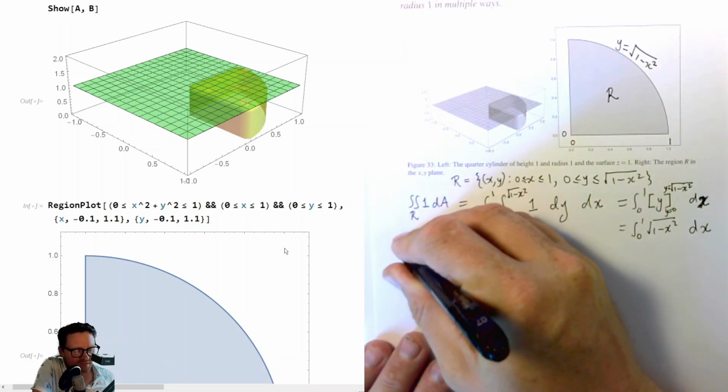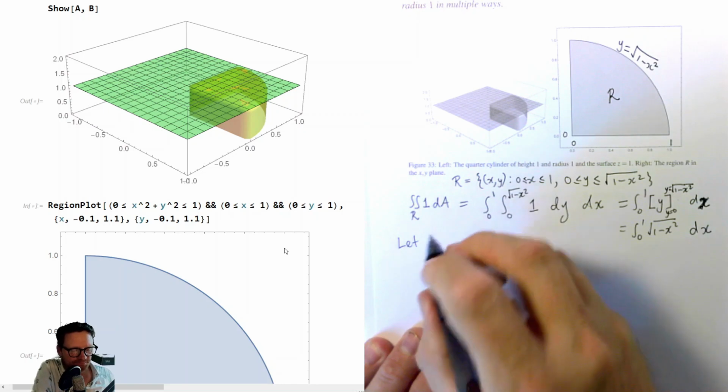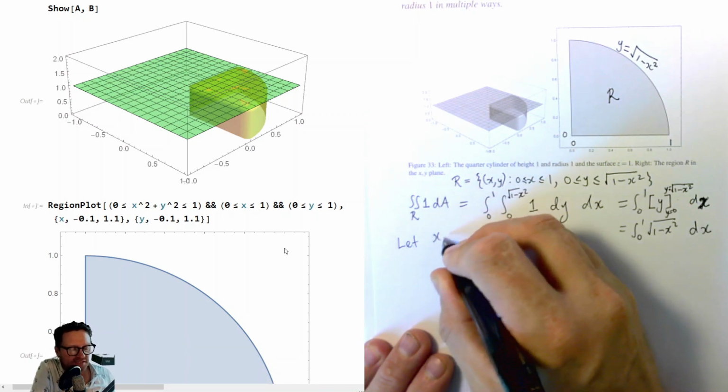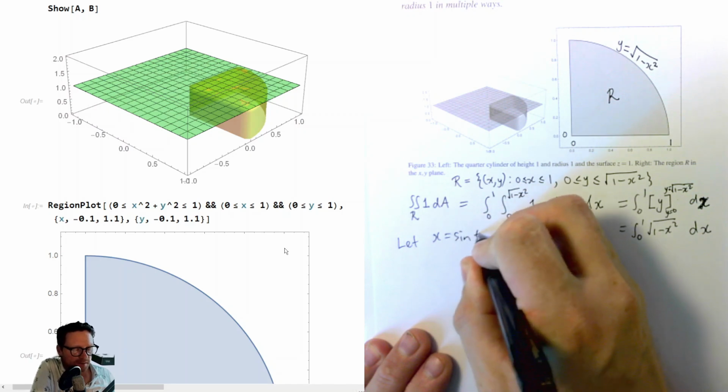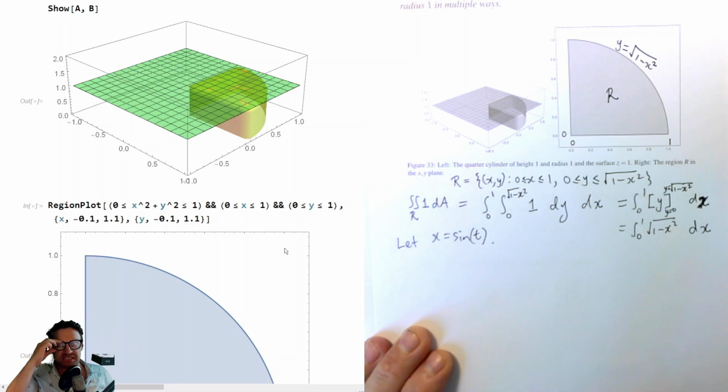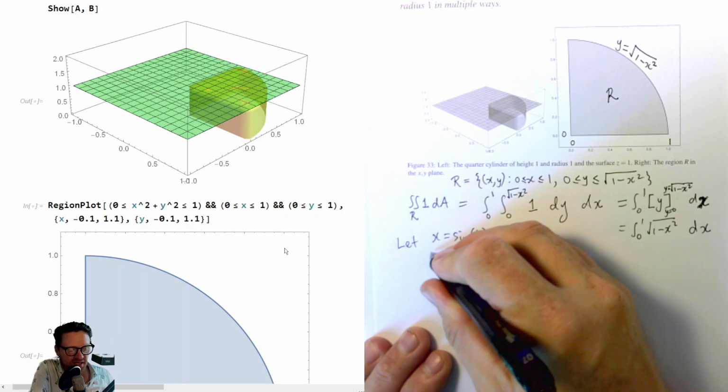So we say let x be equal to sine of t. Okay, so if we have x equal to sine t and we want to do a substitution here, well then we differentiate.